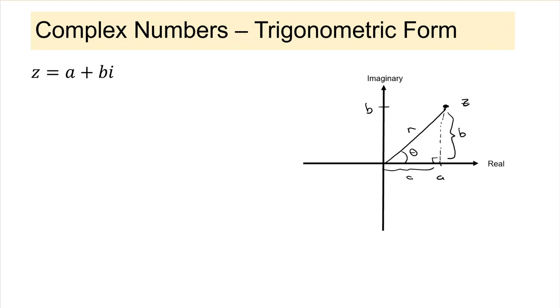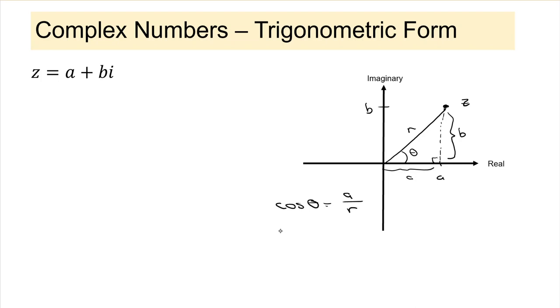All right, so now I need to find substitutions for a and b that include r and theta. So we'll use a little bit of trig to do that. If I think about cosine theta on this right triangle, cosine theta is adjacent over hypotenuse, so a over r.